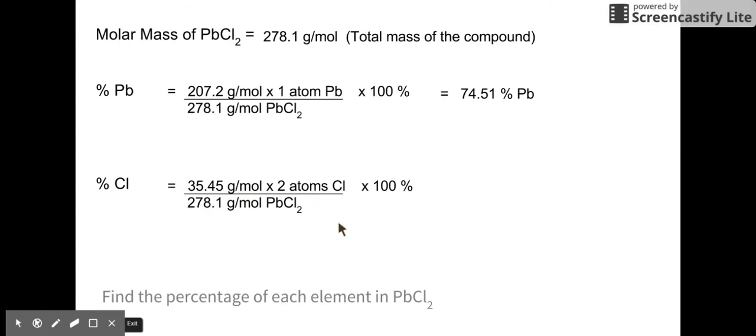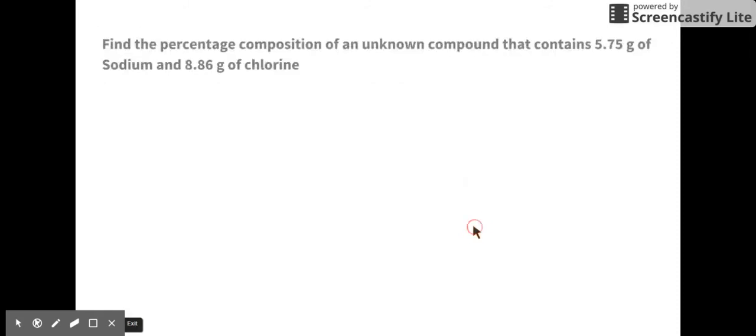Afterwards, I multiply the whole thing by 100, and that gives me 25.49% chlorine, which makes absolute sense because if 74.51% of this compound by mass is lead, the rest up to 100 should be chlorine. So even though there are 2 chlorine atoms, they are relatively small and only take up 25.49% by mass of the entire compound.